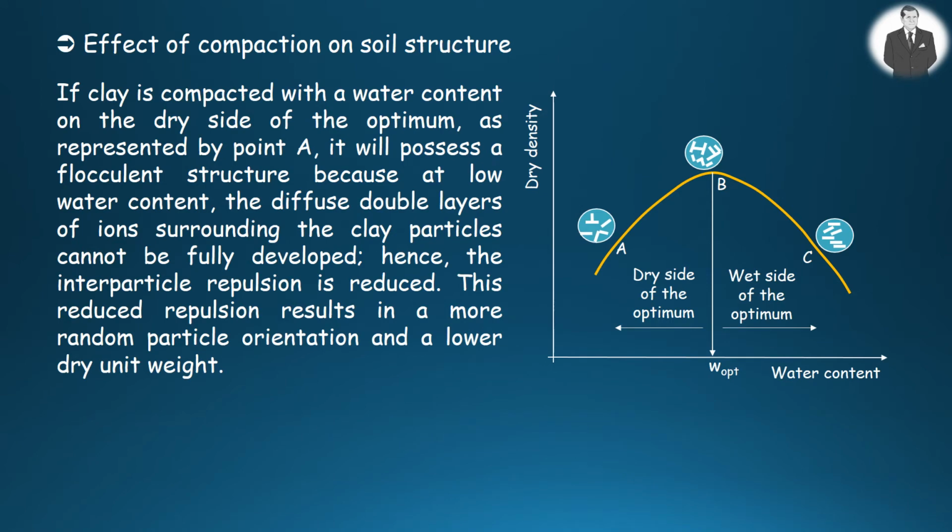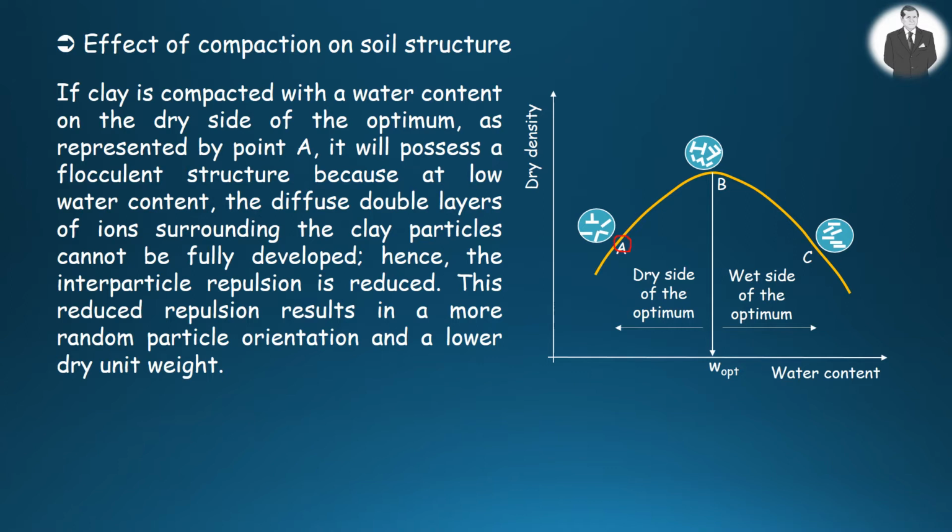Compaction of soil affects its structure as well. For example, if clay soil is compacted with a water content on the dry side of the optimum, as shown by point A in the figure.